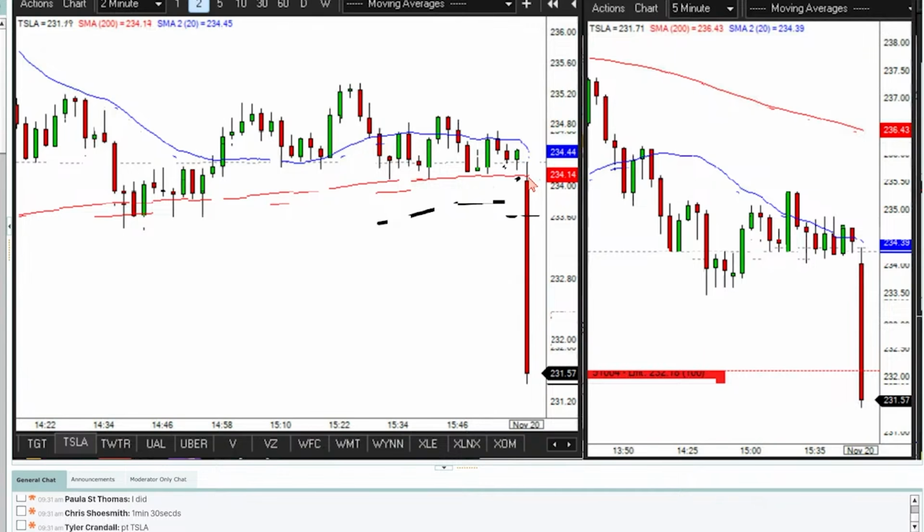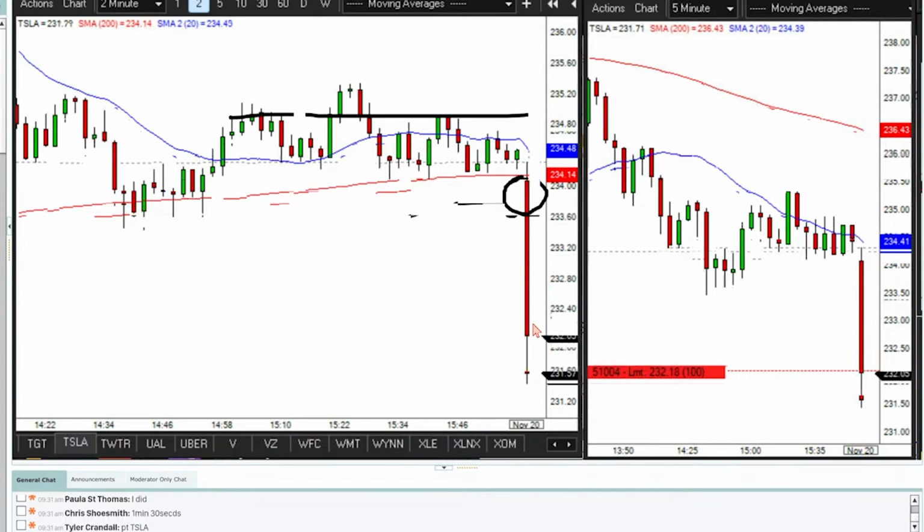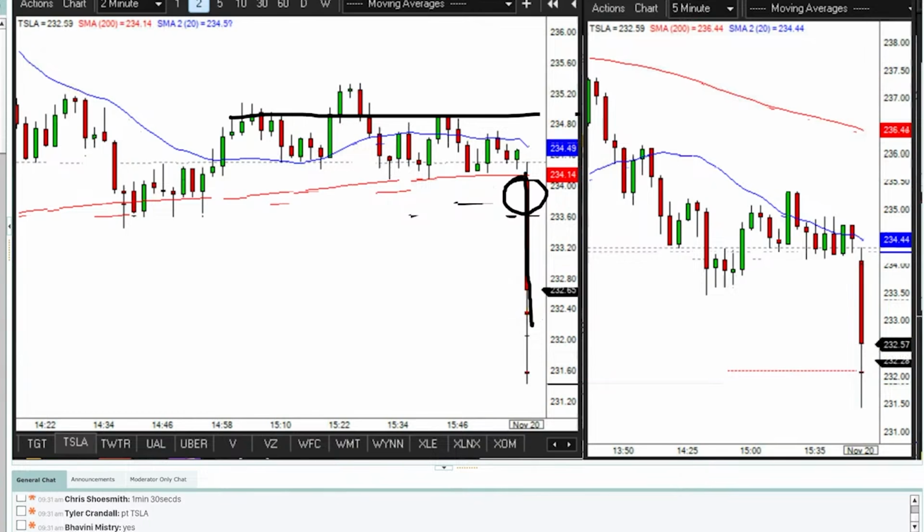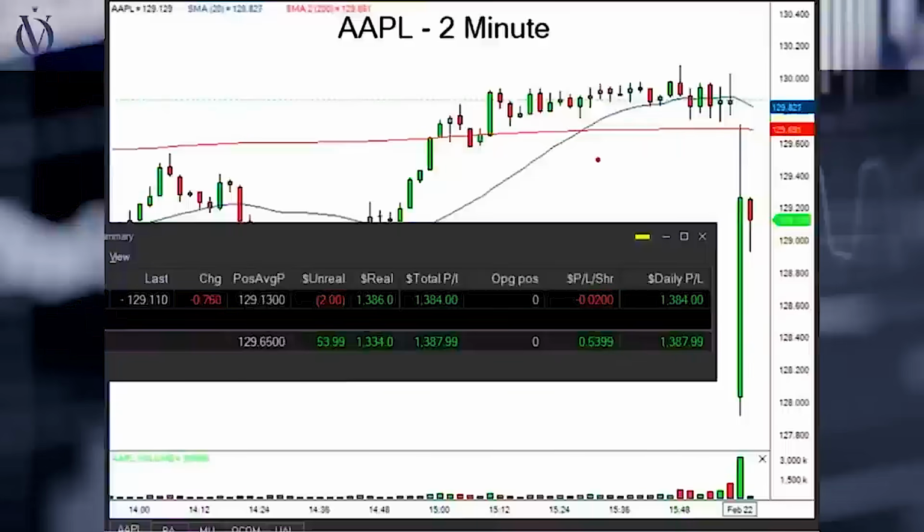Opening right at that flat 200. Remember I told you flat 200s, narrow state. You want to grab these early and boom. All right, not bad at all. One more left, boom, out.